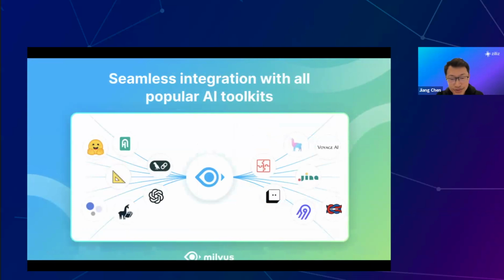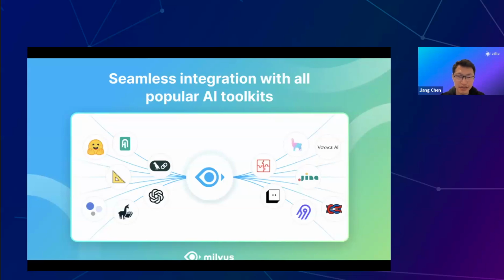In addition to the flexibility on deployment, we also integrated Milvus into pretty much any popular AI development toolkit, like well-known ones such as LlamaIndex and LangChain. Other than that, we also integrate with a lot of embedding model providers like Voyage AI, Jina AI, and OpenAI.